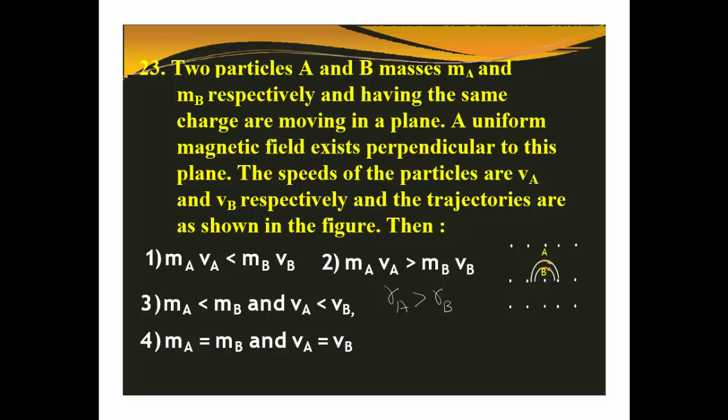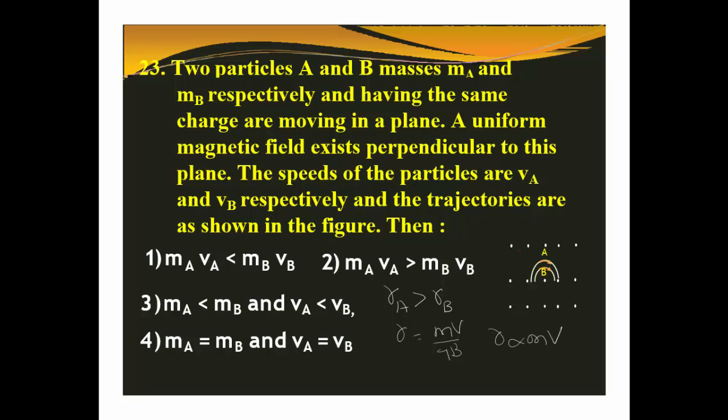Now, what is the formula for radius? It is R equal to mv by qB. You can see q and B are equal for both particles. Q is the same and B is the same, so they are constants, and radius is directly proportional to mv.